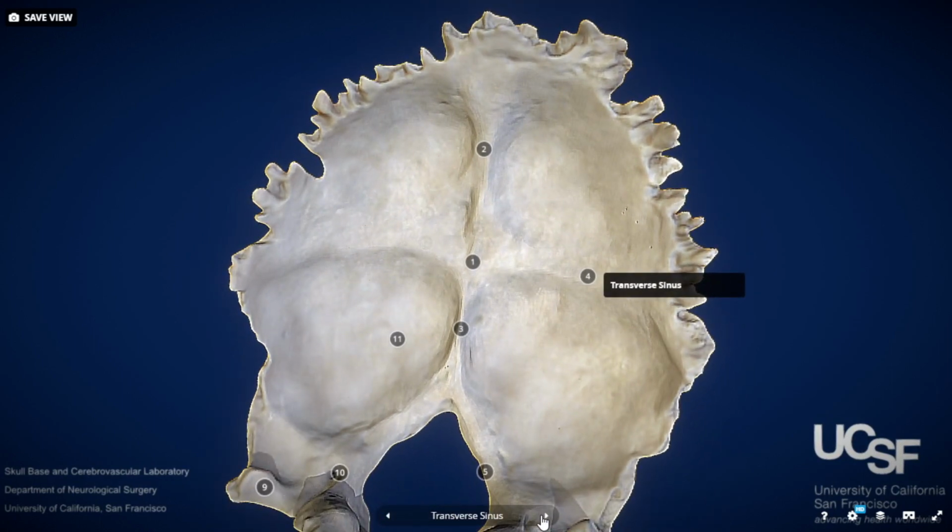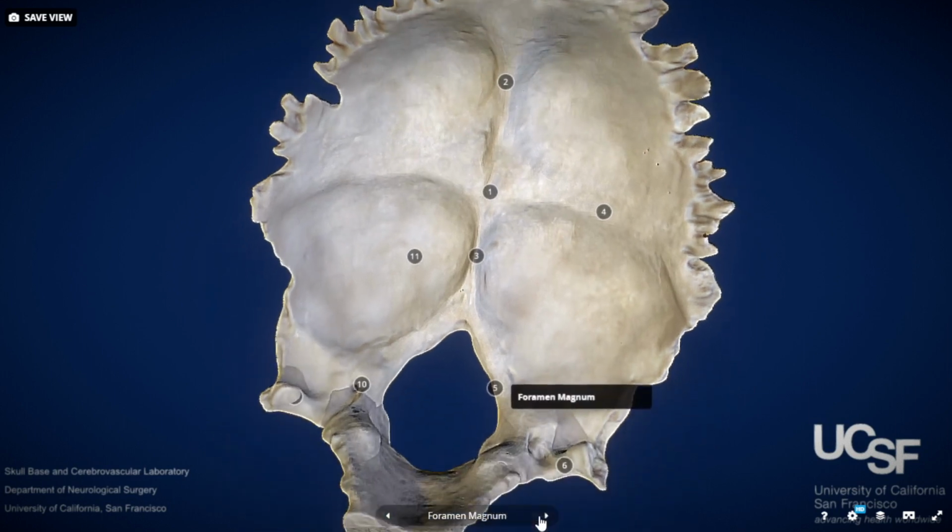Laterally, we're going to have both transverse sinuses running over the squamous portion of the occipital bone, and this impression is going to help us to identify the infratentorial and supratentorial spaces.